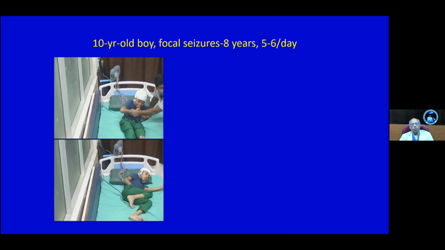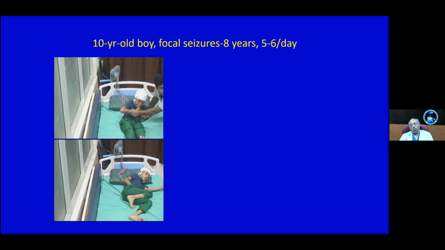the confinement by the family is to prevent child wandering and then injuring himself during the seizures. This child presented with two different semiologies. One is a hypermotor seizure, and the other one has got intense ictal fear.